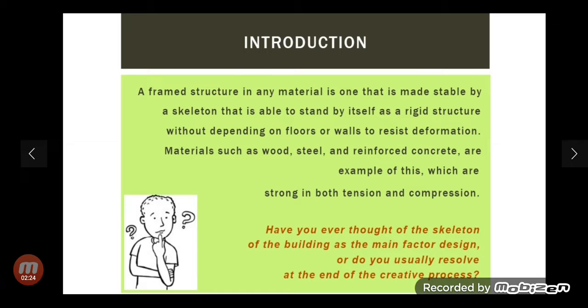So, have you ever thought of the skeleton of a building as the main factor in design, or do you usually resolve it at the end of the creative process?